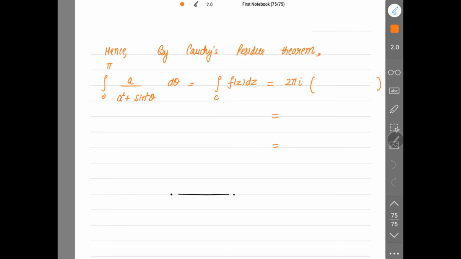We have also calculated the residue for that pole, and that residue is equal to minus iota over 2 square root of a square plus 1. So this is 2 pi iota into minus iota over 2 square root of a square plus 1. So this is equal to pi over, this 2 cancels, iota squared is minus 1, so this is square root of a square plus 1.